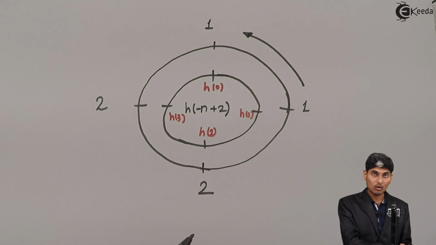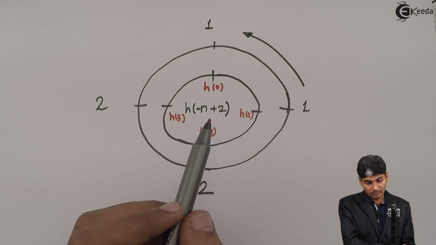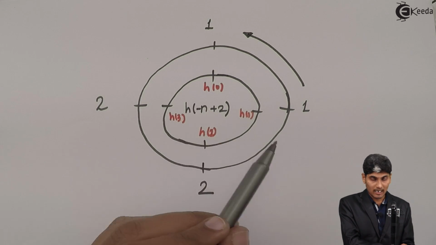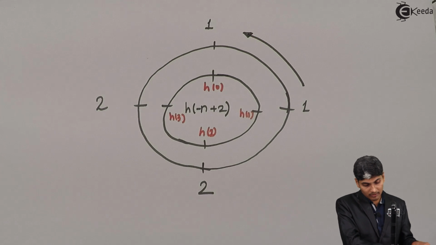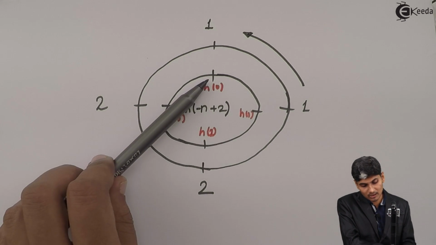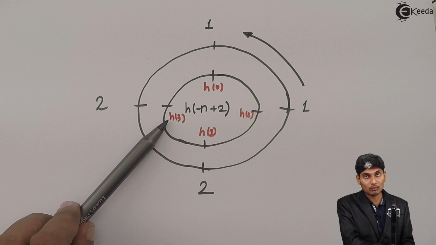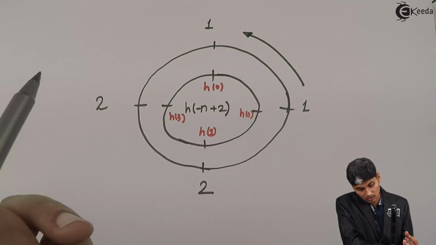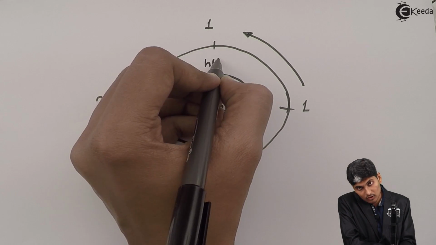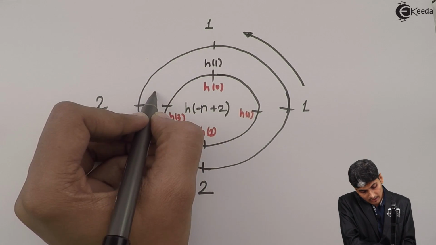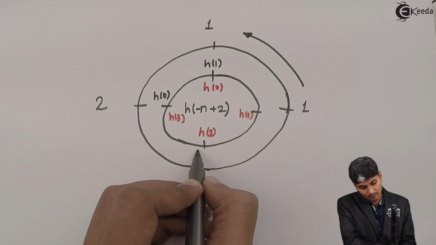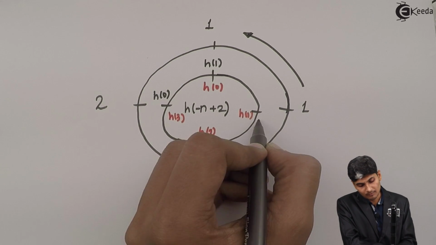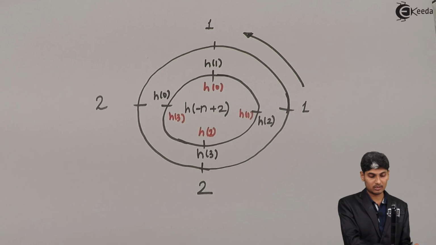Now, I will shift by one sample and then I will shift again in which direction? Anti-clockwise direction. So, in anti-clockwise direction, when I shift, this h of 1 will come over here, h of 0 will come over here, h of 3 will come over here, and h of 2 will come over here. So, now I will have h of 1 over here, then h of 0 over here, then h of 3 over here, and h of 2 over here.